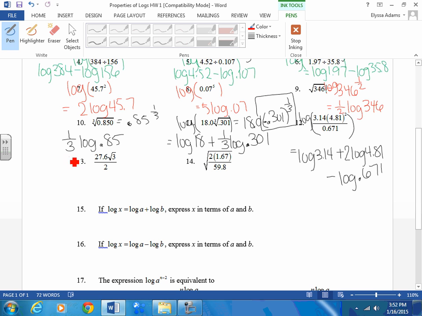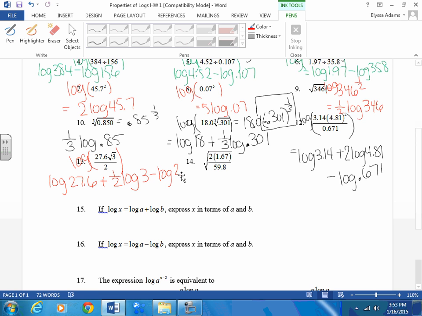Number 13, when I take the log of all of this, it's just like the last row. I've got a lot going on. I'm going to have the log of 27.6 plus, now the square root of 3 is 3 to the 1/2 power, so that's going to be 1/2 log 3. And all of that is divided by 2, so minus the log of 2.